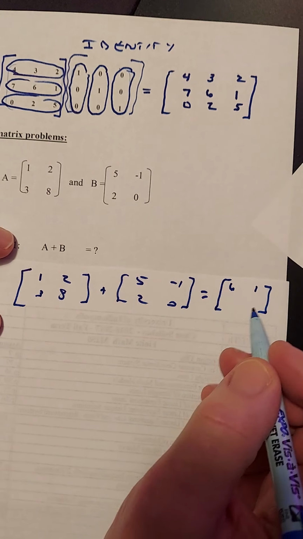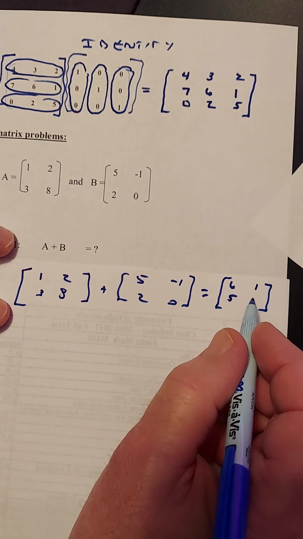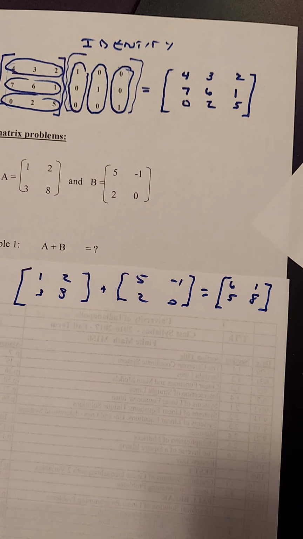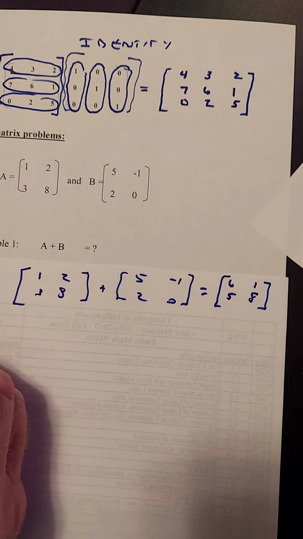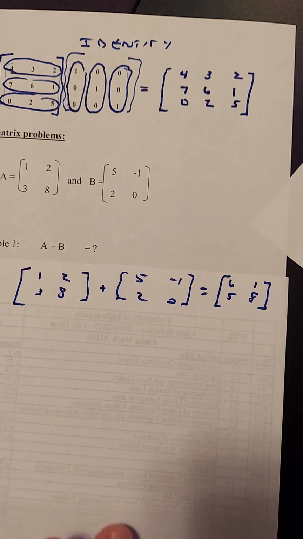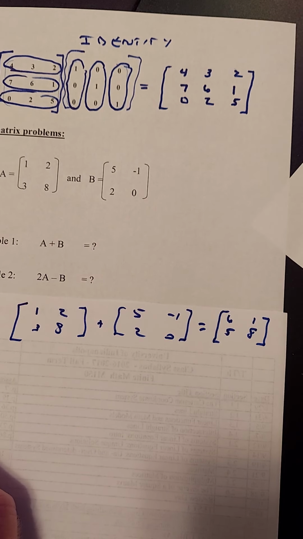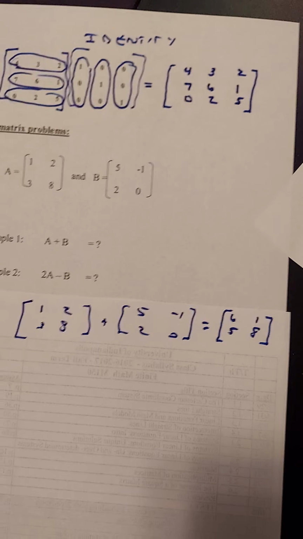This part's easy for you now. 3 plus 2 is 5. And 8 plus 0 is 8. Okay, no problem. That was A plus B. The next one says to take 2A minus B.